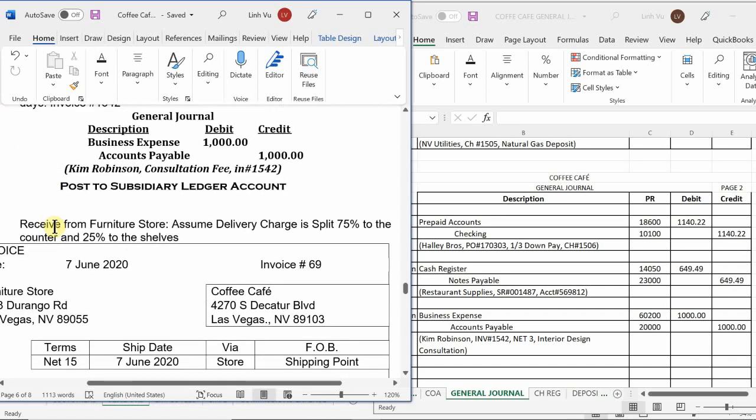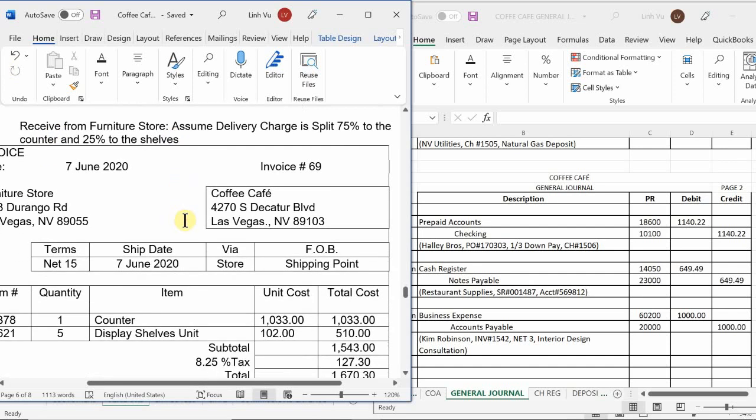We finally received our very first purchase order, right? We received it from the furniture store, okay? And it says assumed delivery charges are going to be split 75% for the counter and 25% for the shelves. Okay, so what does that mean?